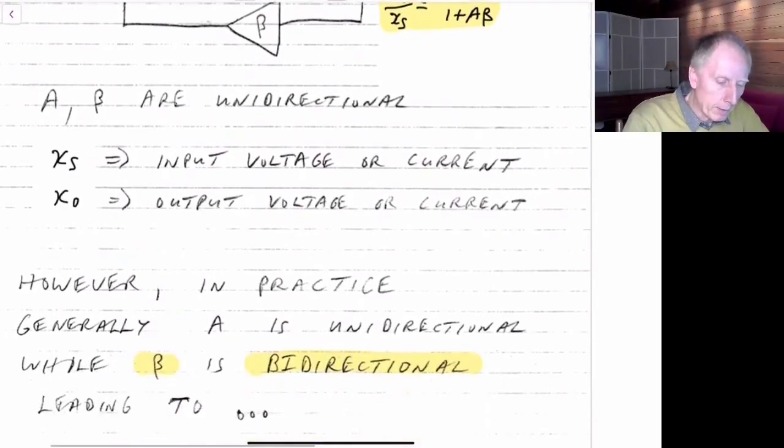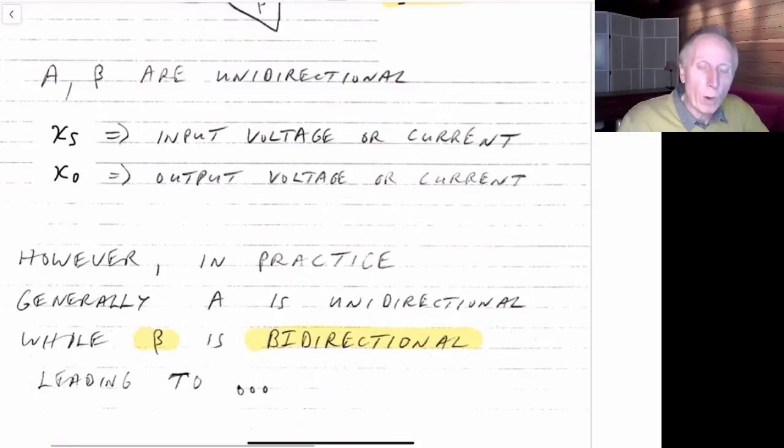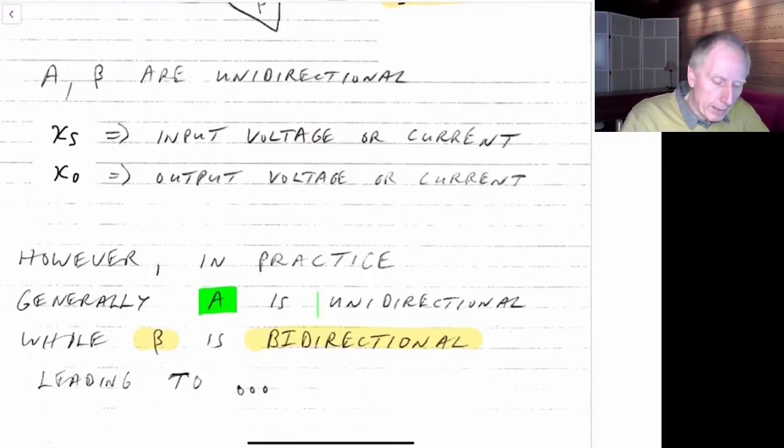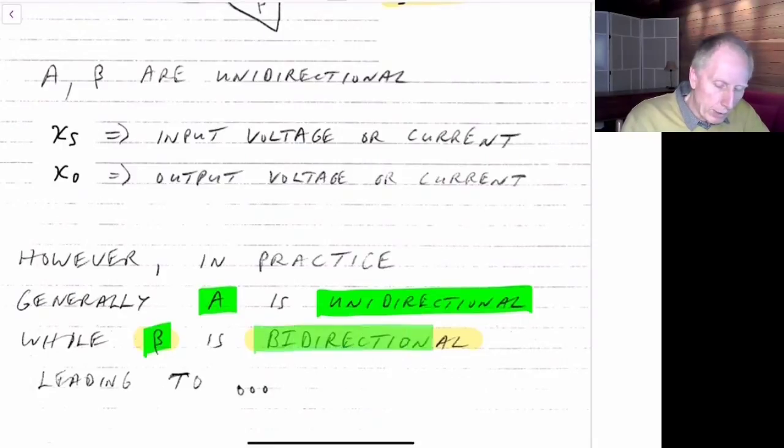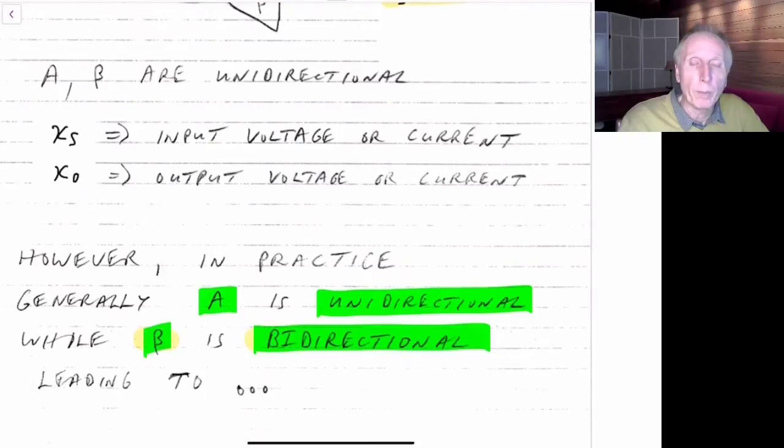While this could be a useful analysis approach, it's not generally practical. In practice, A is almost completely unidirectional, whereas beta is generally bidirectional because it's built with a passive circuit, a couple of resistors, or capacitors and resistors, and so forth.